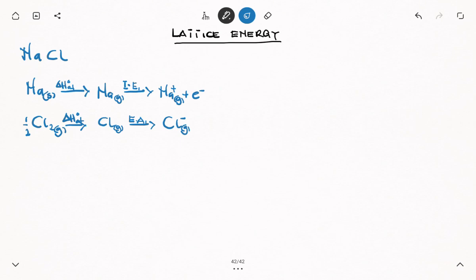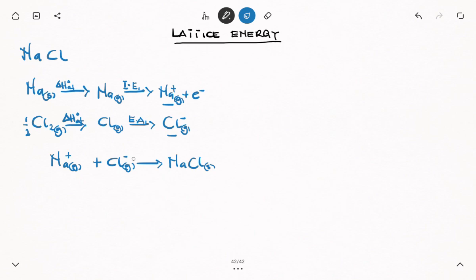Okay. So now that we have a chloride ion, we can go ahead and add sodium plus and the chloride anion. And this will give us our ionic compound, sodium chloride.